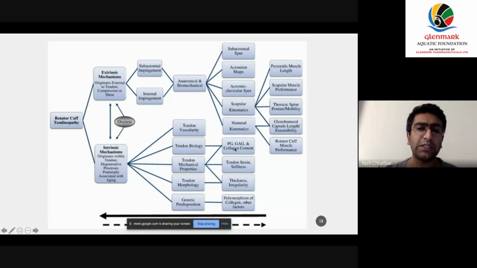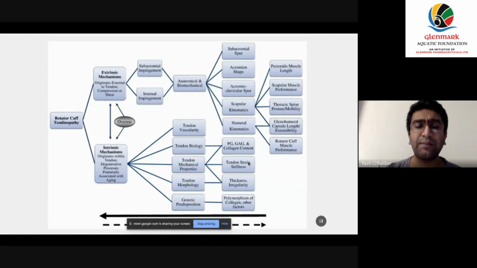Tendon biology, I mean, these are physiological considerations which I would not expect you all to understand, but they also play an important role. Collagen content all depends upon the healing, the rate of recovery, and the rate at which the tissues are getting damaged. It needs to have that fine balance. Usually an overuse injury, in simple terms, happens when the rate at which the tissue is getting destroyed is much higher than the rate at which the body is healing itself. The body heals itself every day.